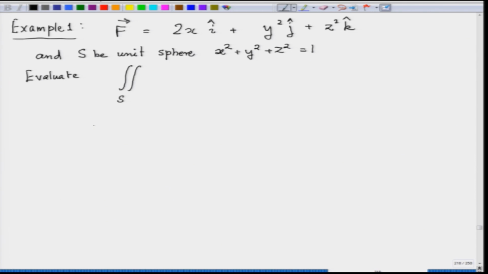Of course, you can evaluate the integral yourself. Suppose I want to evaluate it myself. I have to first find the n vector. So, I represent it by spherical coordinates x, y, z, and then I write the n vector.